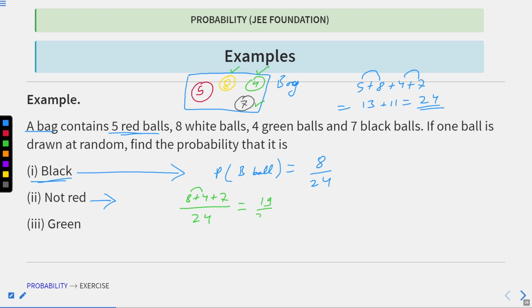So 19 by 24. And for green balls the favorable is 4, and the total is 24. I hope this is very clear to you.